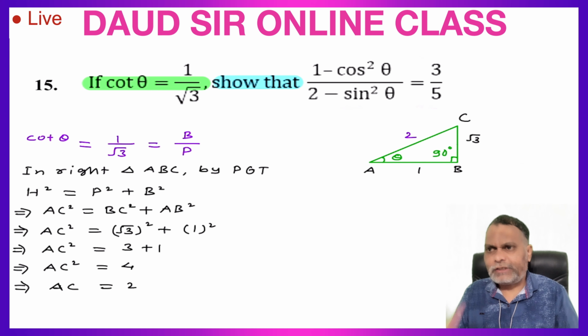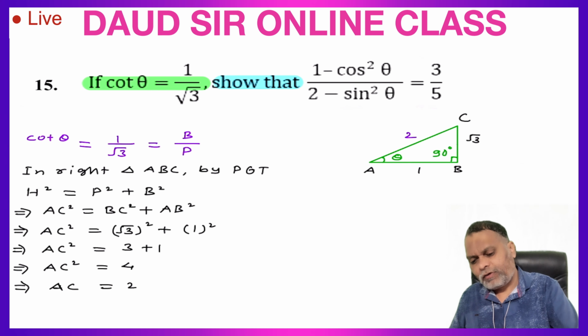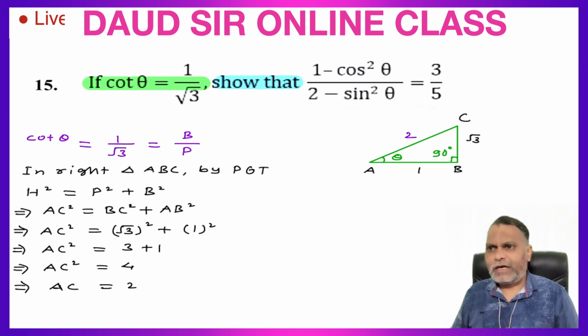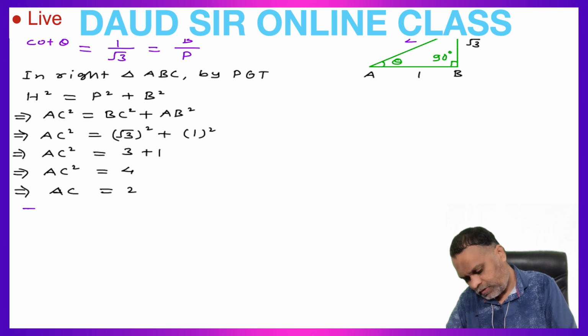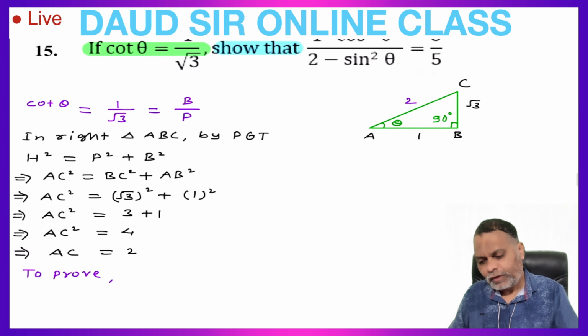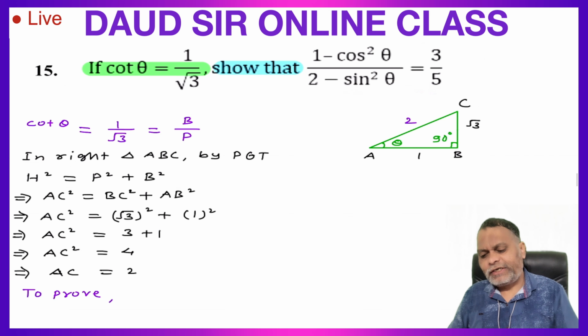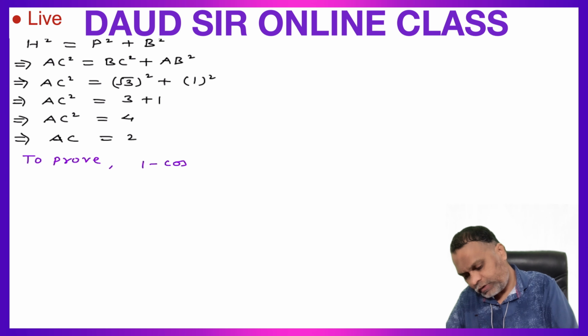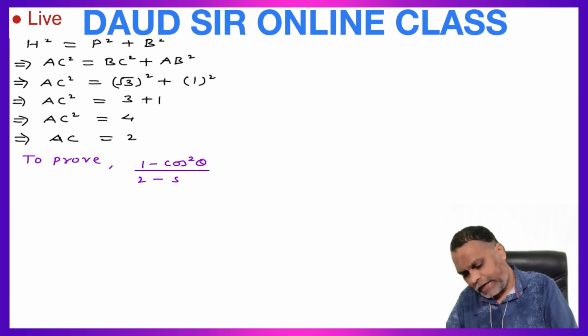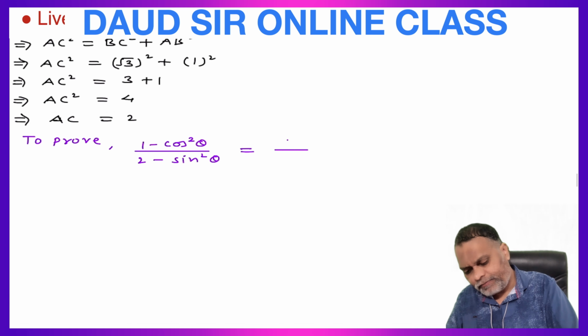Now we have all the three sides of the right angle triangle. Now we can take the left hand side for the right hand side. So to prove, what we have to prove right here: 1 minus cos square theta upon 2 minus sin square theta is equal to 3 upon 5.